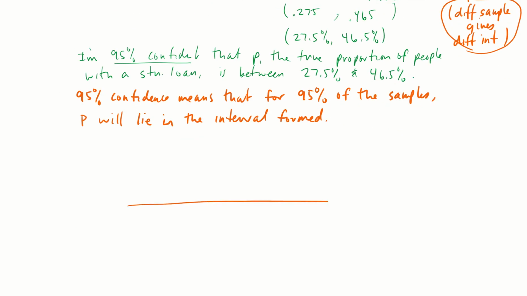Let's go back to my curve here, where P is here. Here's one standard deviation. Here's two standard deviations. So if I pick a P hat, right, this is the P hat distribution.